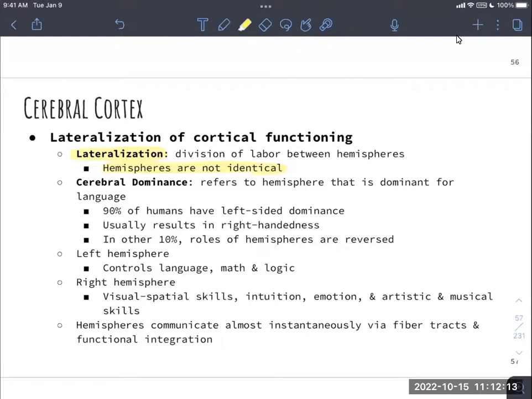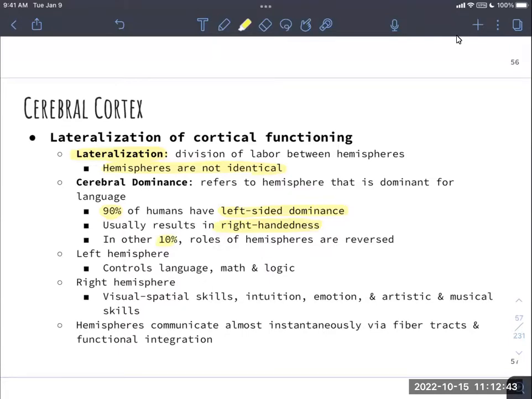Most of us have a left-sided dominance. If you have a left-sided dominance, you usually have right-handedness. So you write with your right hand. The other 10%, they have more of a right hemisphere dominance.